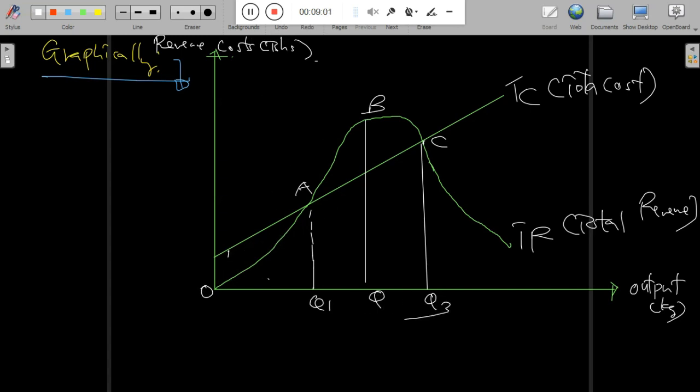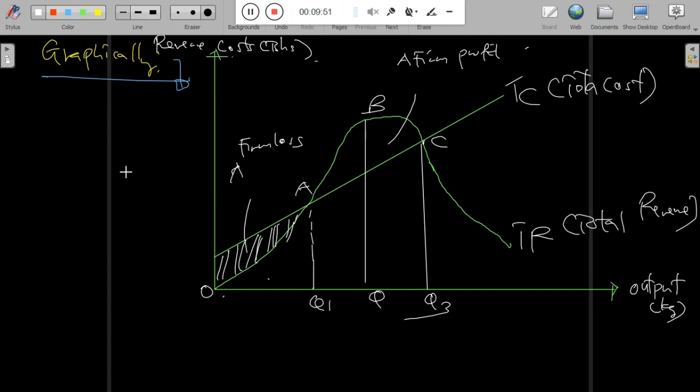Here we have the total revenue. As you can observe, the total revenue curve cuts across the total cost at the point that shows the maximization of profit under a perfectly competitive market. And we have the points A, B, and C. Here we have quantity 1, quantity 2, and quantity 3.